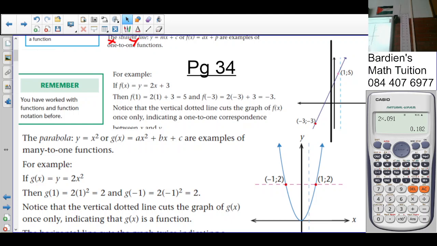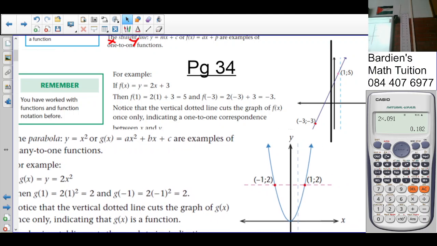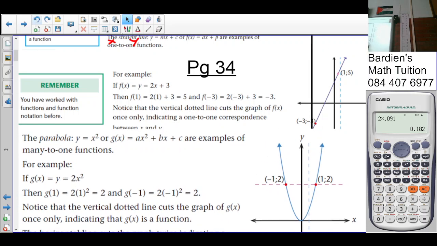And then what do we call this line? If a line goes up straight, what do we call this? A vertical line, and it goes across, it's called a horizontal line. Nice.